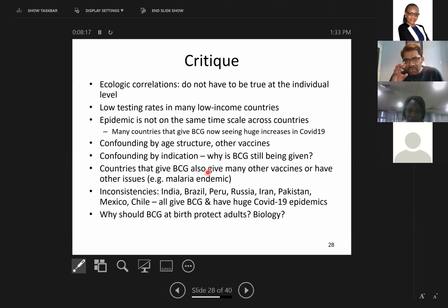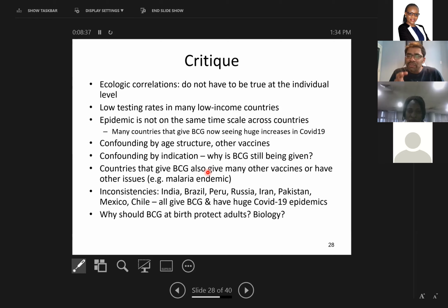And then there is this huge problem of confounding. All of you already know what confounding is, and you will understand that. So India gives BCG, Nigeria gives BCG, South Africa gives BCG, Bangladesh gives BCG. The age structure of these populations is very young, right?